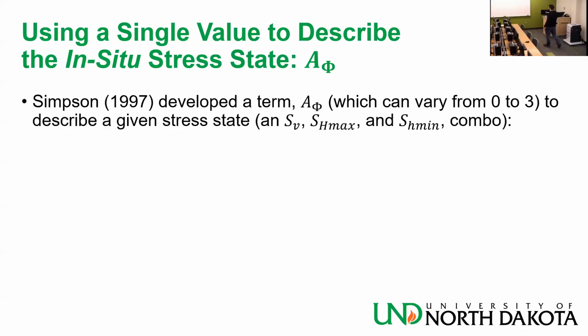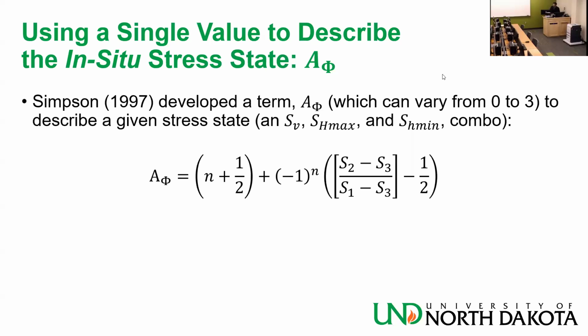Okay, forget about the pore pressure in this case. Just use the principal stresses, not the effective ones. SV, SH max, SH min, S1, S2, S3, and put everything together into one value.